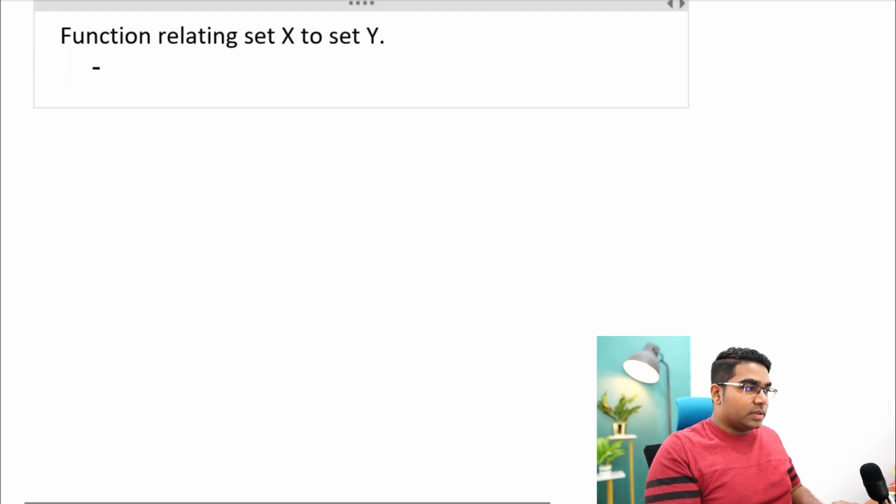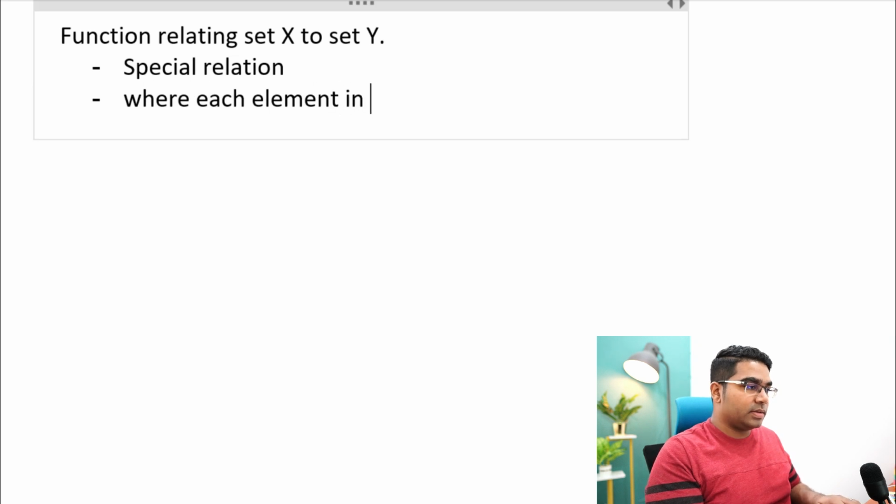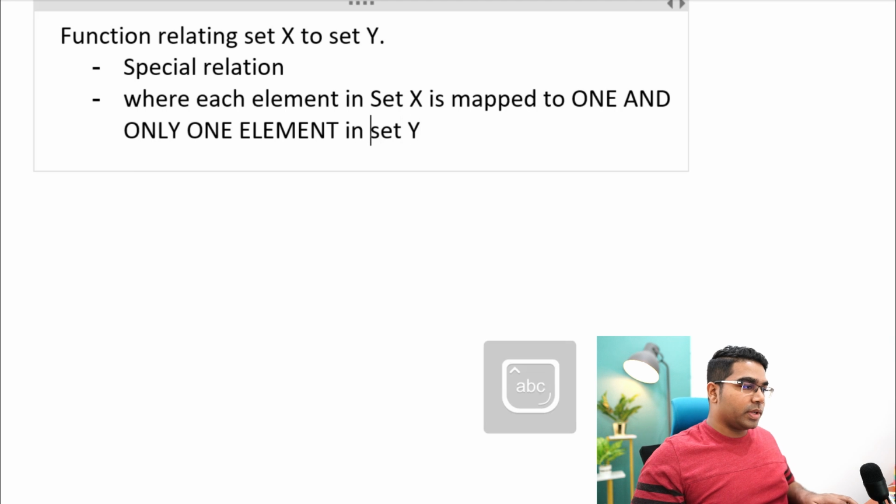A function is a special relation where each element in set x is mapped, this is the term that we use, mapped to one and only one element in set y. This is very important.